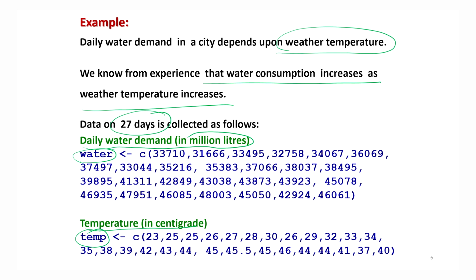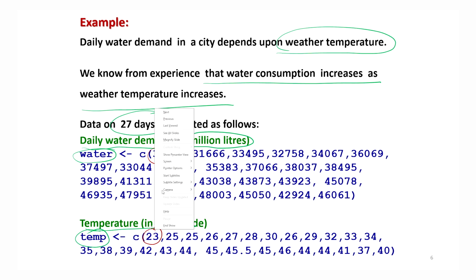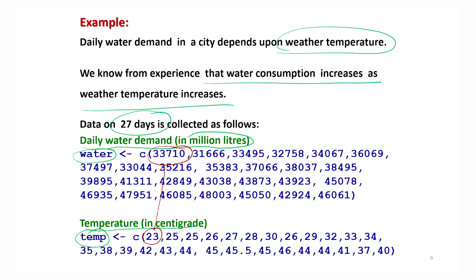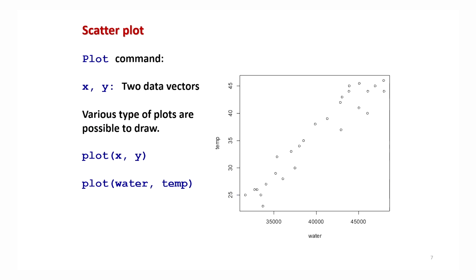If you read the first value here, it indicates the first value 33710 and the first value in temperature, that is 23. That means when the temperature was 23, then the consumption was 33710 million liters. So this is how it will go.